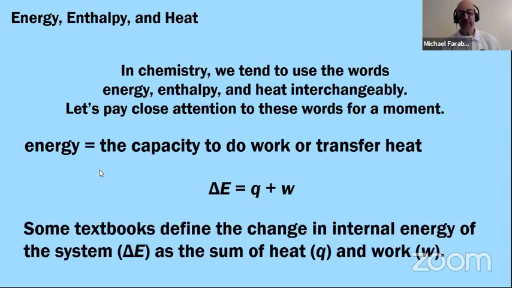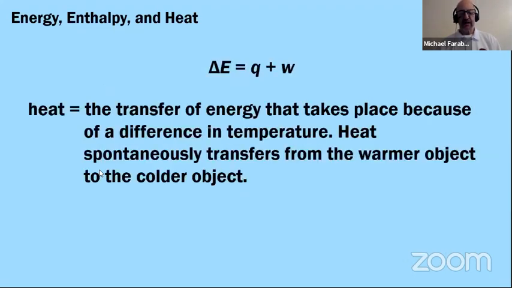So some textbooks define the change in internal energy as delta E, and they refer to the delta E as the sum of the heat, which we're going to call Q as a symbol, and work, W. If the change in energy is the sum of the heat and the work, what exactly are heat and work? Well, heat is the transfer of energy that takes place because of a difference in temperature. Heat spontaneously transfers from the warmer object to the colder object.